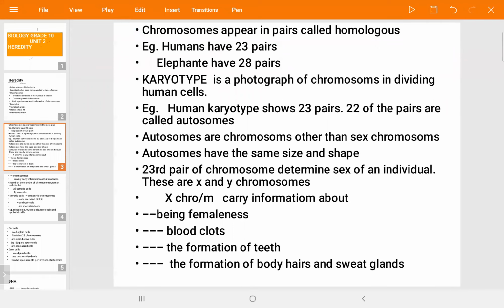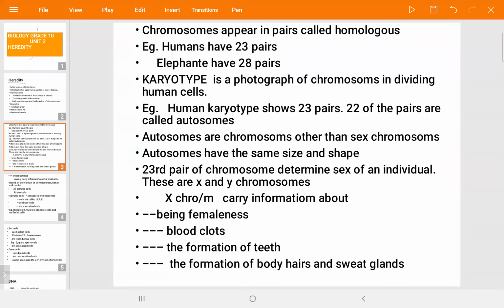Each pair contains a chromosome from the father, the male, and a chromosome from the mother. Remember, in humans, we have 23 pairs.